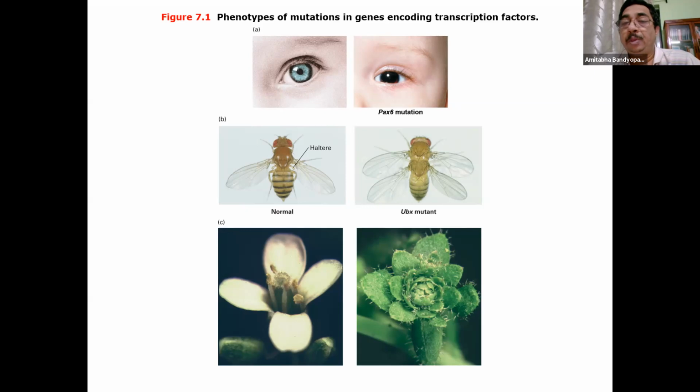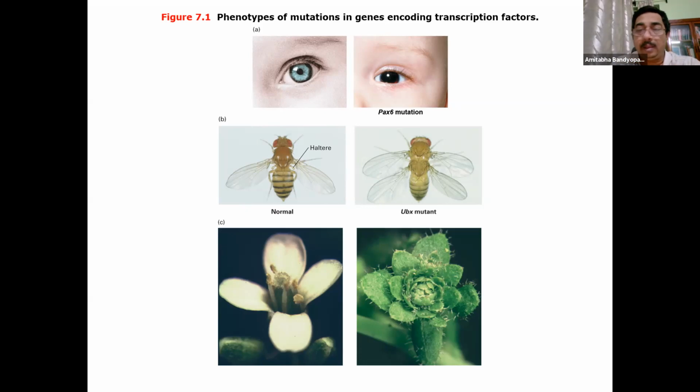Okay. So PAX6 is one such transcription factor. If you have mutation in the gene, there will be defects in the eye. Like the eyelashes will not be there, eye size will be small, and there are other changes. A fantastic example is a gene called Ultrabithorax, or UBX.